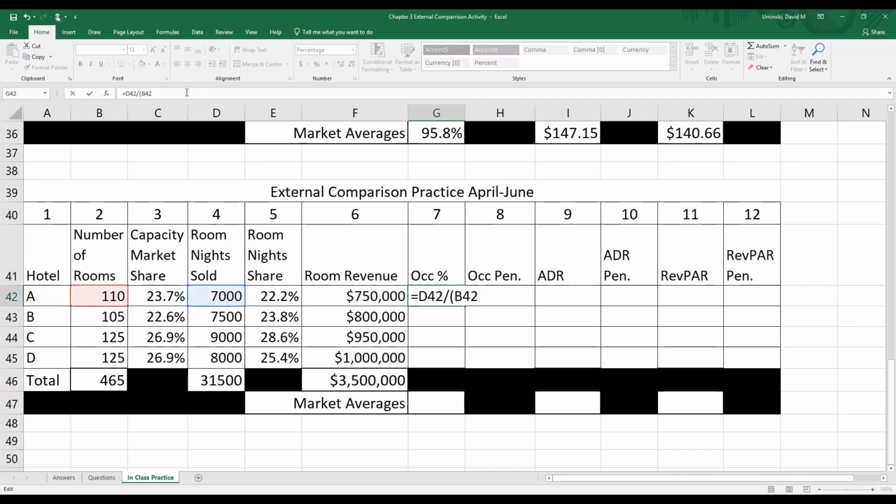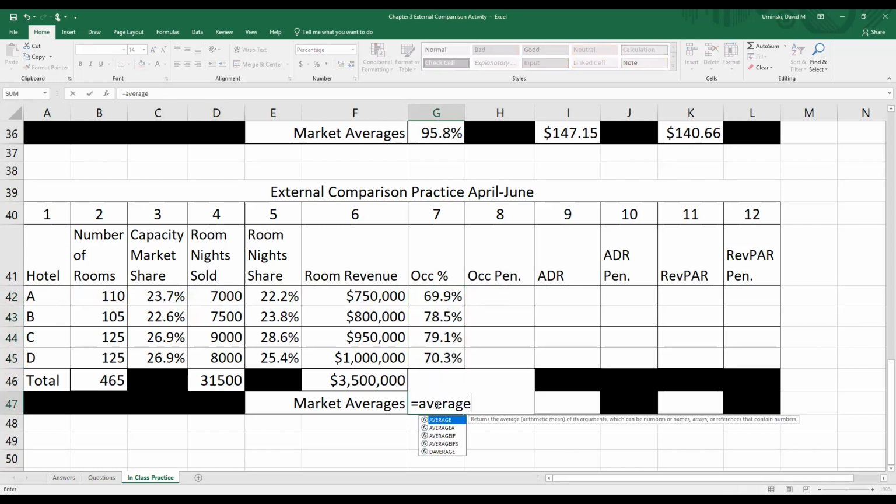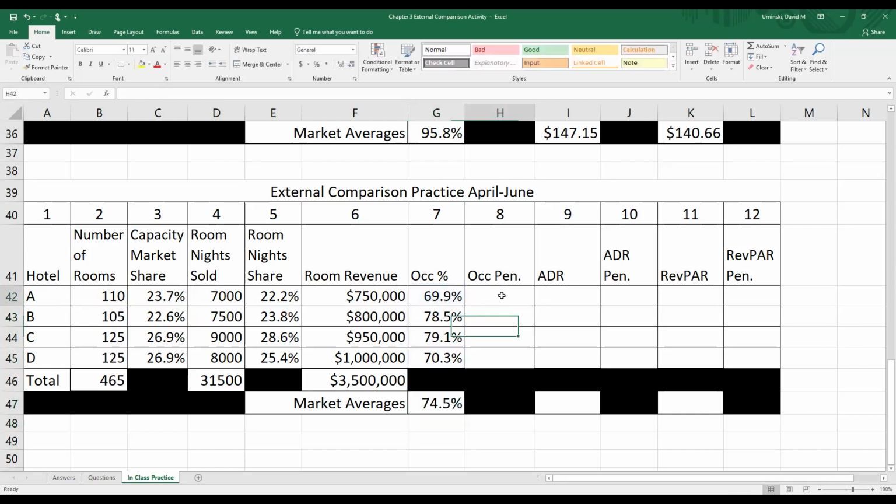Okay, so look, so I do that times 91. Equals the average of those, equals that divided by that.